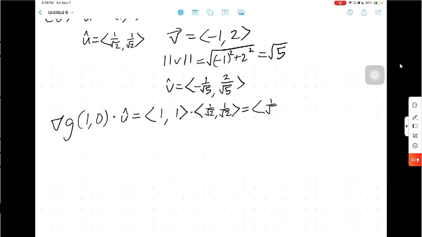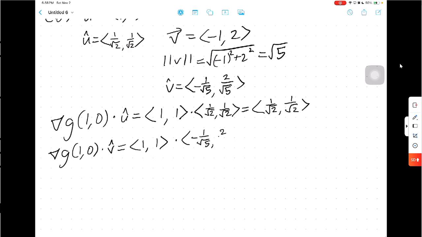Which is just going to be dotted with (1 over root 2, 1 over root 2). Dotted with v is equal to the same (1, 1), dotted with (-1 over root 5, 2 over root 5), which is negative 1 over root 5, 2 over root 5.